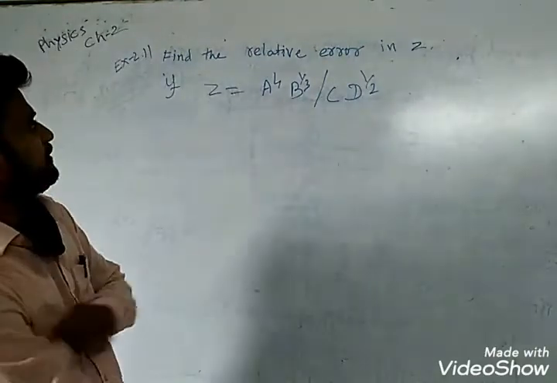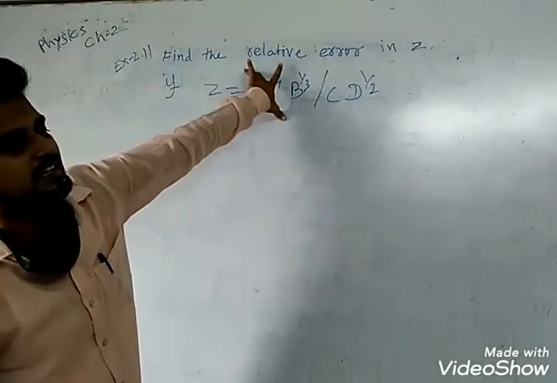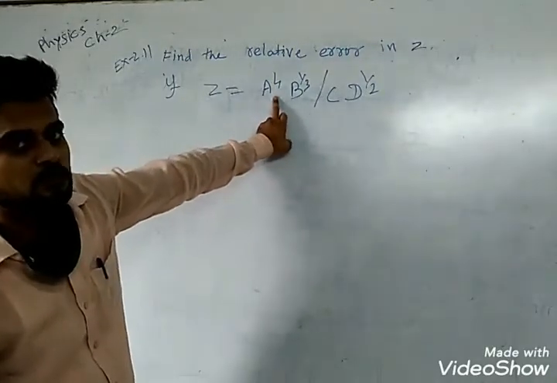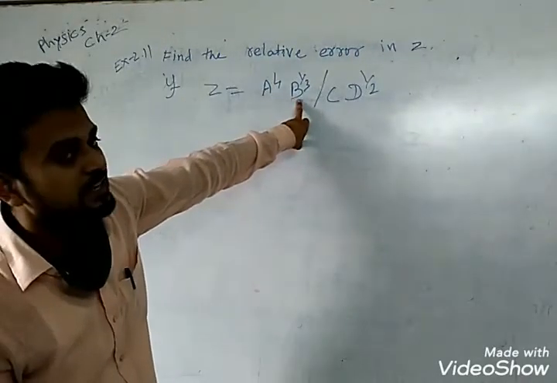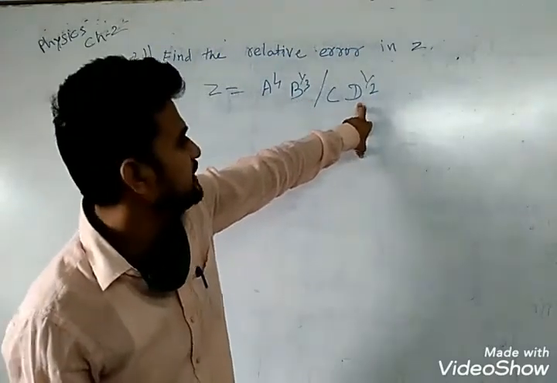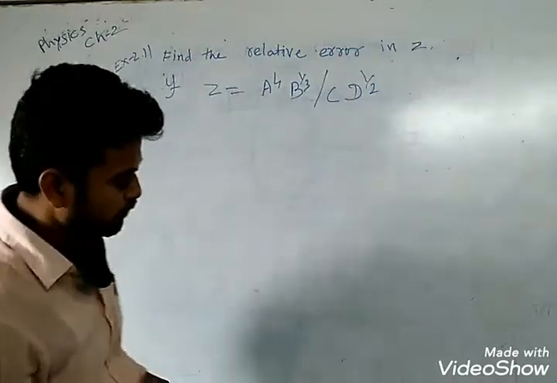Example 2.11. Find the relative error in Z if Z is equal to A raised to 4, B raised to 1 by 3 upon C into D raised to 1 by 2.